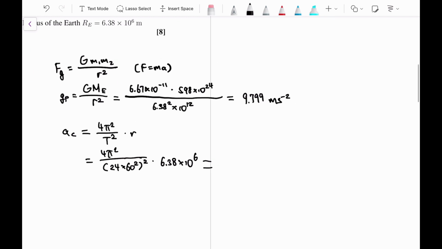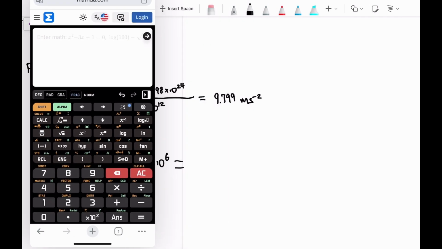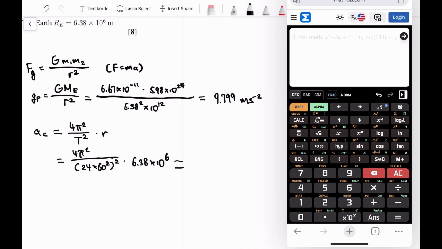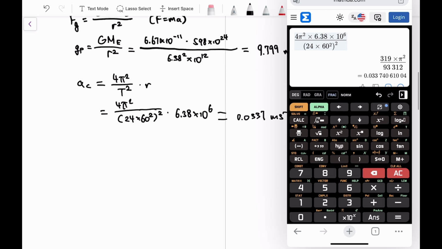And this will give us, let's see, 4 pi squared times 6.38 times 10 to the power of 6 over 24 times 60 squared, and that will be 0.0337 m s to the minus 2.